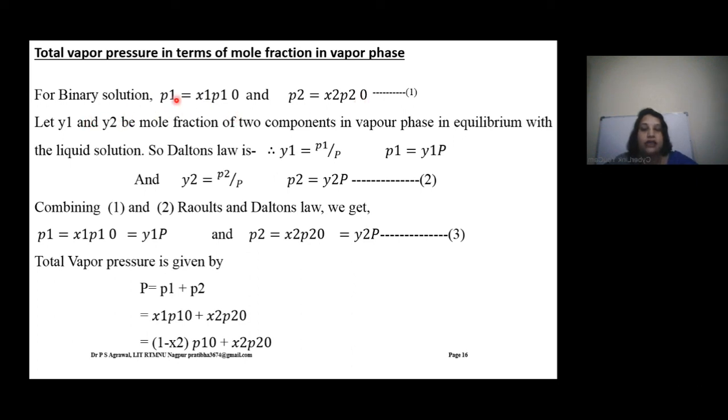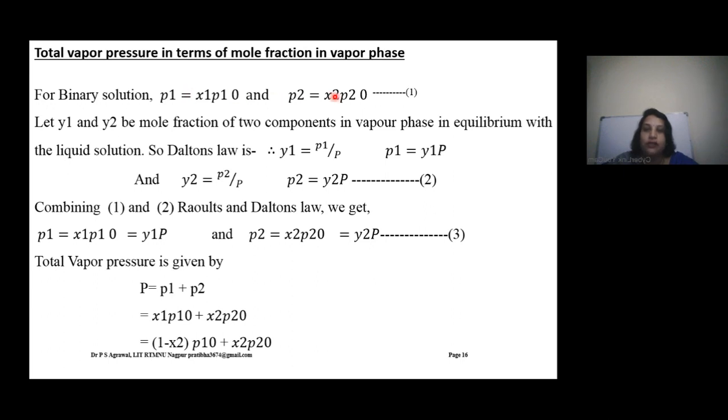Suppose x1 and x2 are the mole fractions in the liquid phase and y1 and y2 are the mole fractions of the two components in the vapor phase. We have to find the expression for total vapor pressure P in terms of y1 and y2, that is, the relation between P and y1, y2.